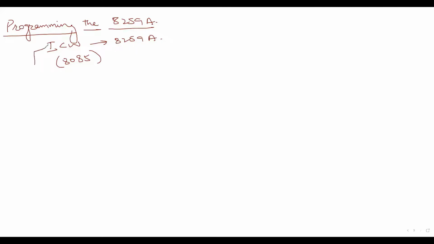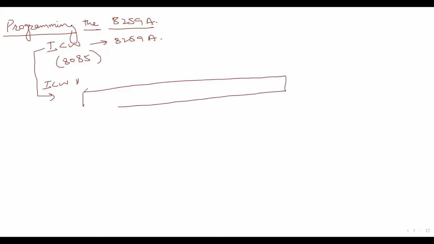So for every initialization command word, for example, let me write one or two command words, ICW1. It is of 9 bits. Okay, so these are the 9 bits: 1, 2, 3, 4, 5, 6, 7, 8, and 9. This bit is called IC4.